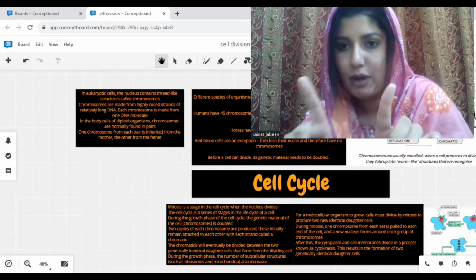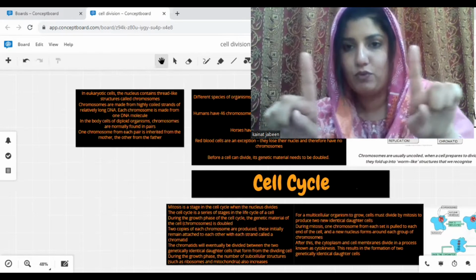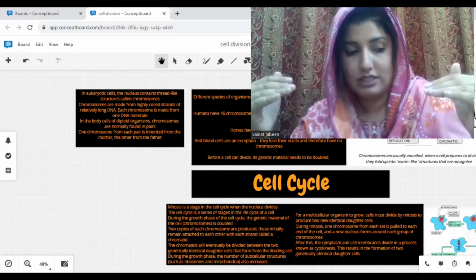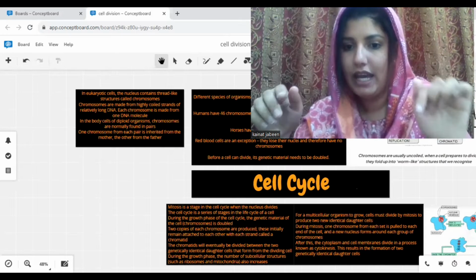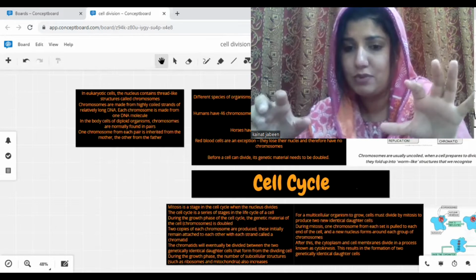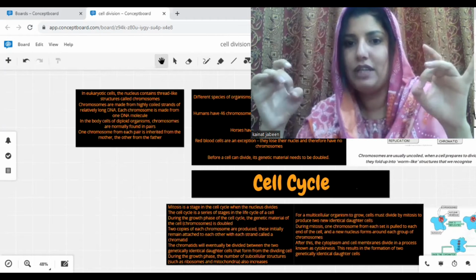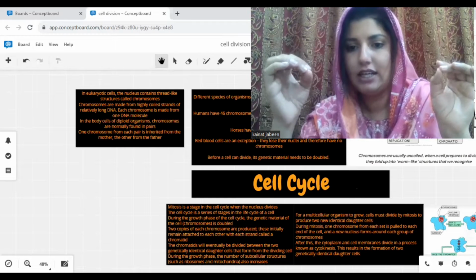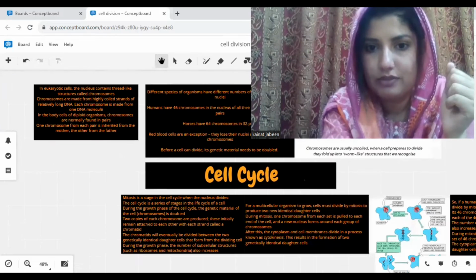Next, DNA replicates itself. Next, the sister chromatids move away from each other. Then they go to the central part and arrange themselves. And at the last, in the cytokinesis process, the membrane pinches inward and separates them. One contains the haploid number of chromosomes, the other contains the haploid number. So let's start the discussion about that.